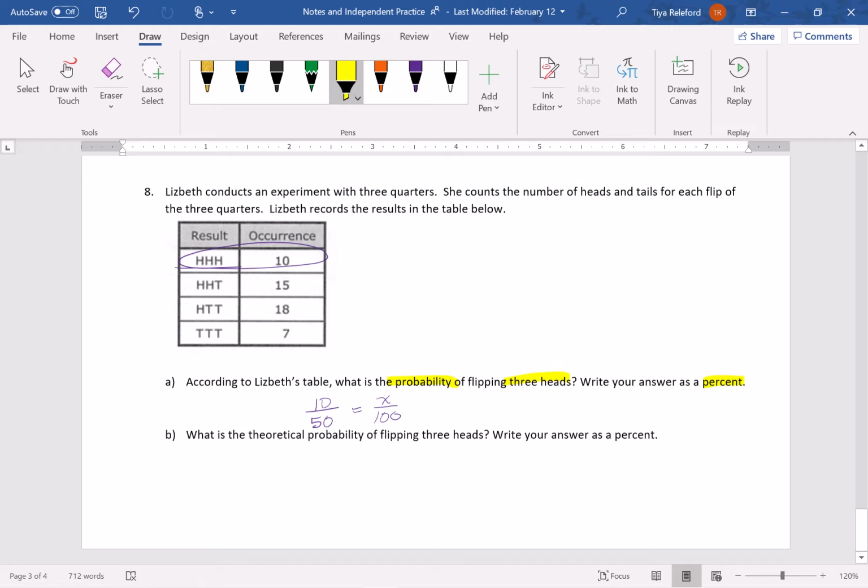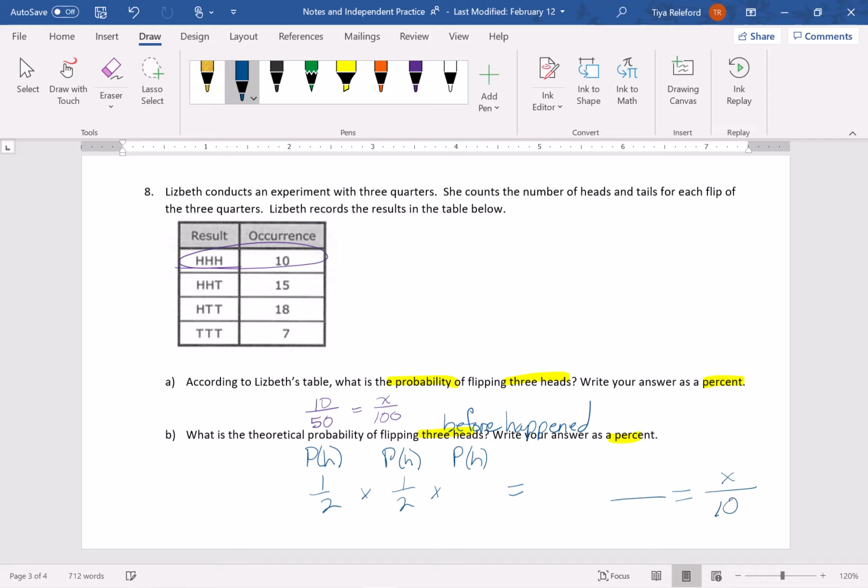And then B says, what is the theoretical probability of flipping 3 heads? Write your answer as a percent. So this time you're going to have to multiply. Probability before it's happened. And then you're going to turn that into a percent.